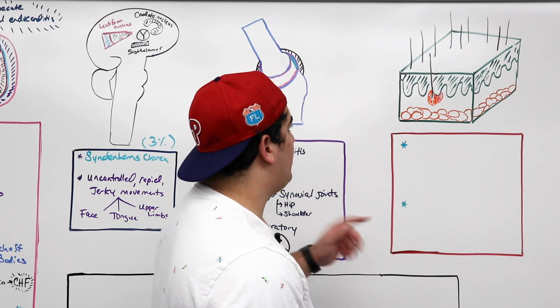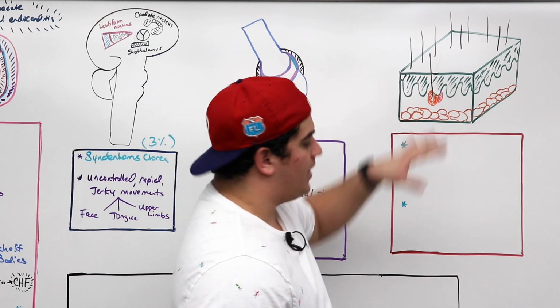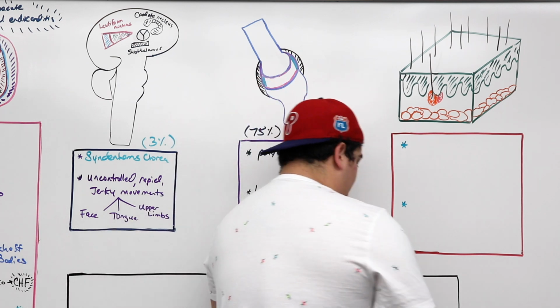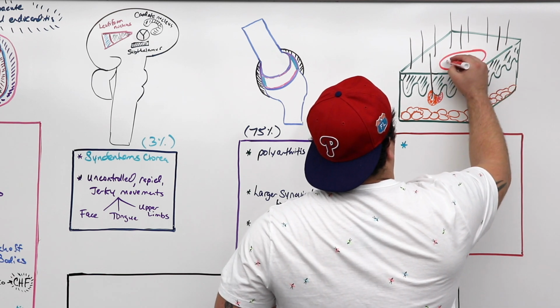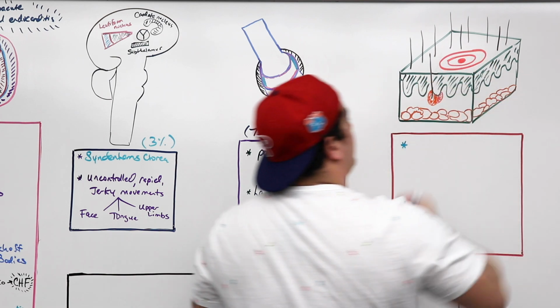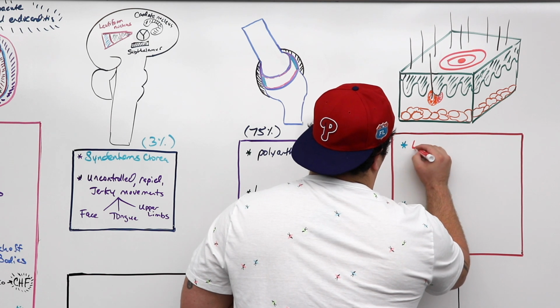The last one that I want to talk about for the major criteria here is the skin lesions. Now, it can affect the epidermis and the dermis. What it does is it leads to this really interesting rash. This rash is called an erythema marginatum. It's kind of like an annular, concentric ring-like rash.